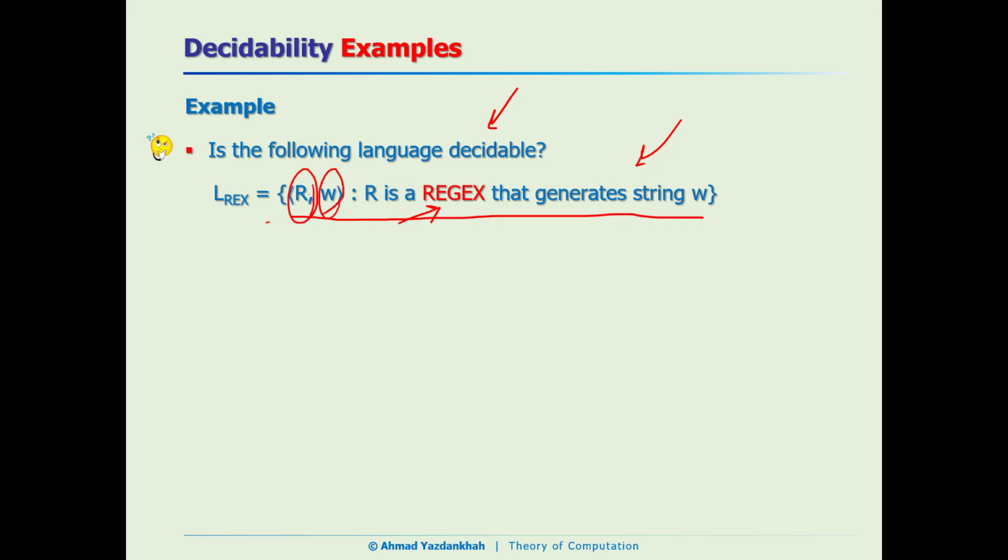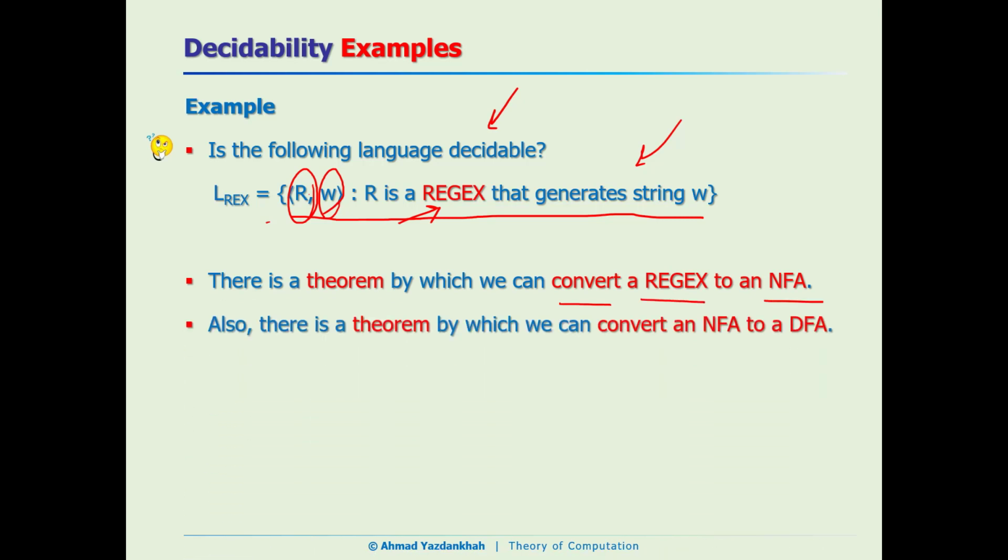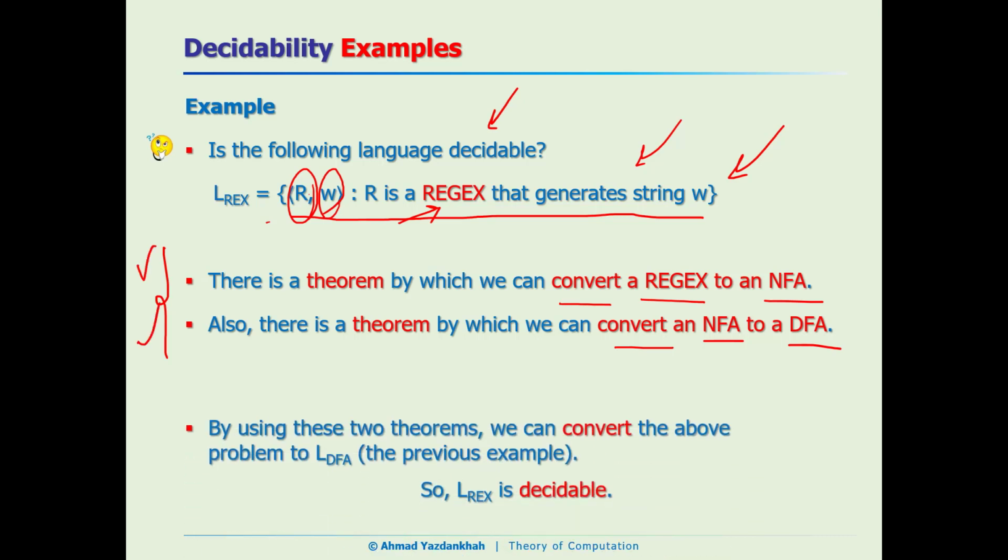The answer is still yes, because we have a theorem that converts regex to NFA, and we have a theorem that converts NFA to DFA. As you see, with these two theorems, this language will be converted to the previous example. And since we answered yes to the previous one, with these two theorems we can say yes for this language, there is a decider.